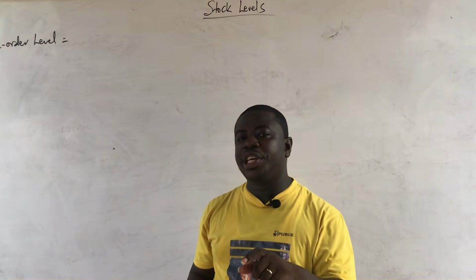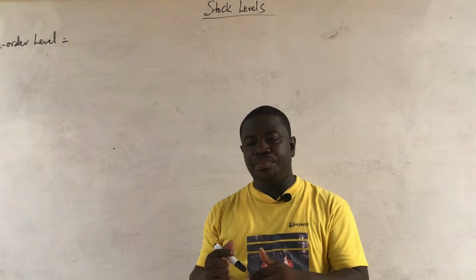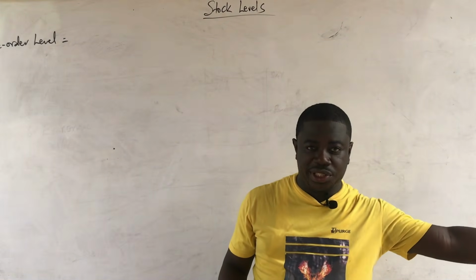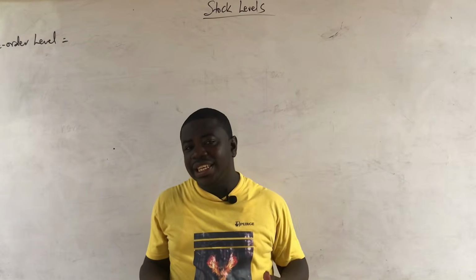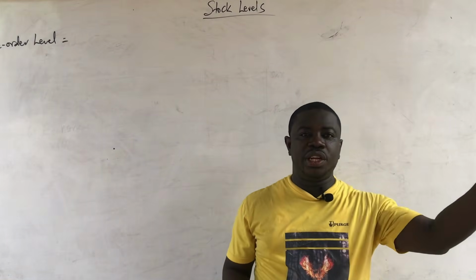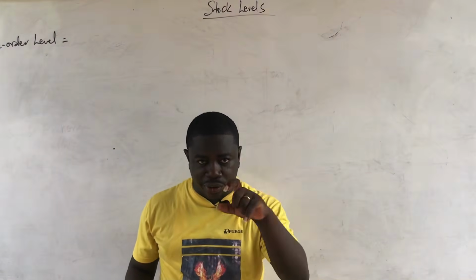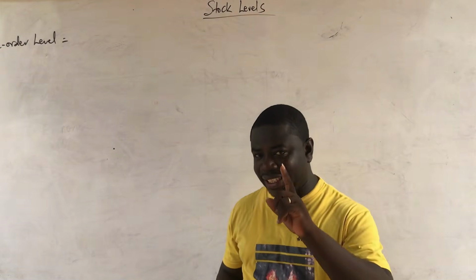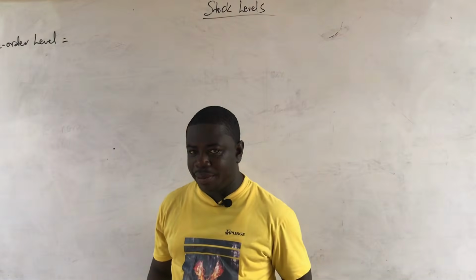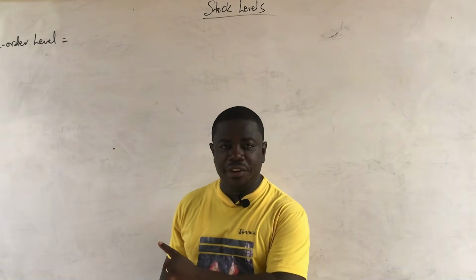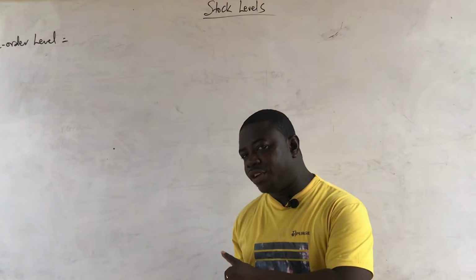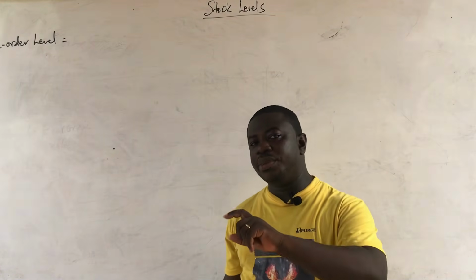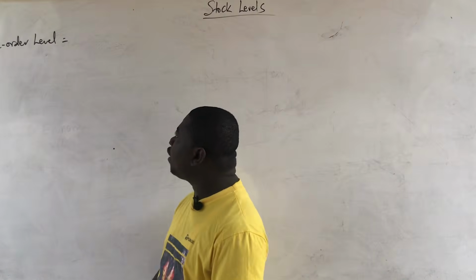And then I also made mention of reorder period as the period of time between when the order is made and when the actual goods are received. That period that it takes from the order of the inventory to the receipt of the inventory is called the reorder period. Now, that reorder period can also be called lead time. So if you see lead time under inventory levels, you know that lead time means reorder period. Consumption means usage.